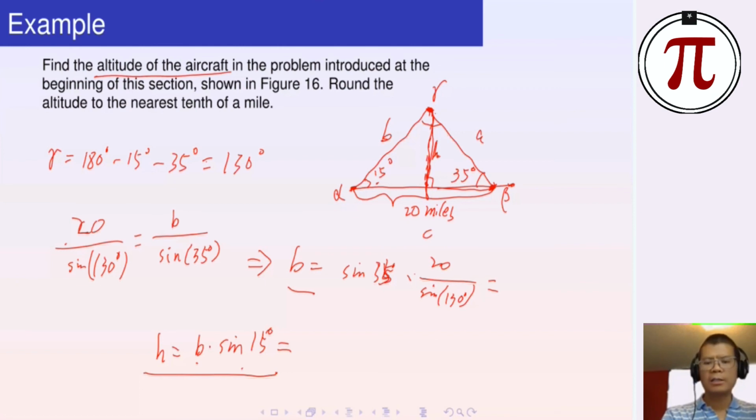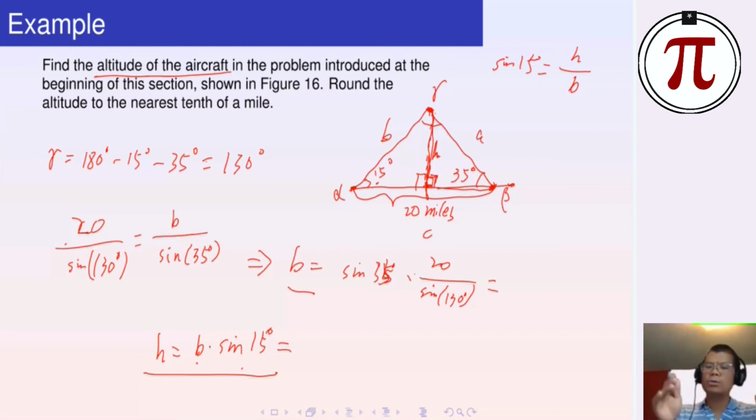You can clearly see that h, right, sine of 15 equals what? H, the opposite side over B. Okay, so this is a triangle, correct? This is a right triangle. So sine 15 is h over b. It's not h over c, right?